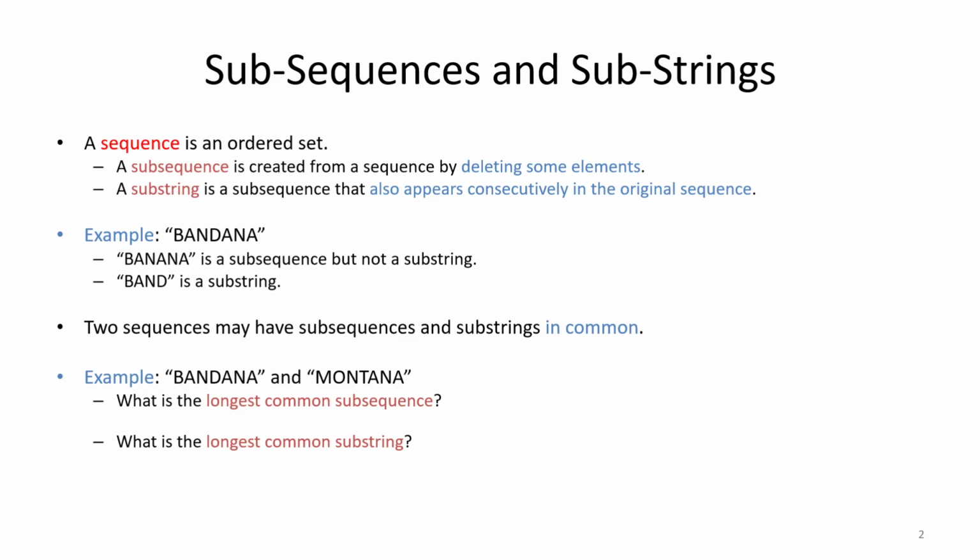Applying the definitions appropriately, we can see that for subsequences and substrings, we're going to arrive at different answers here. First of all, the longest common subsequence is actually the sequence nana, N-A-N-A. Both of them have N-A-N-A appearing in them, and there are no longer subsequences that they have in common.